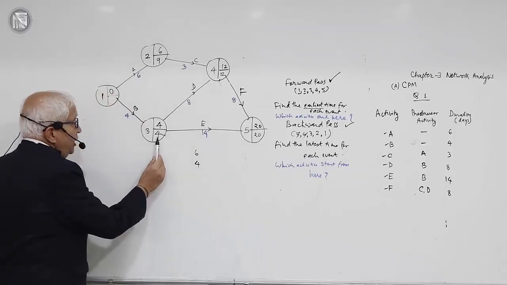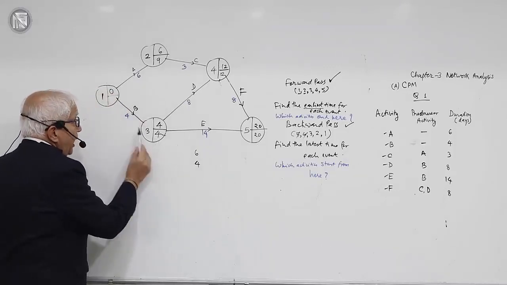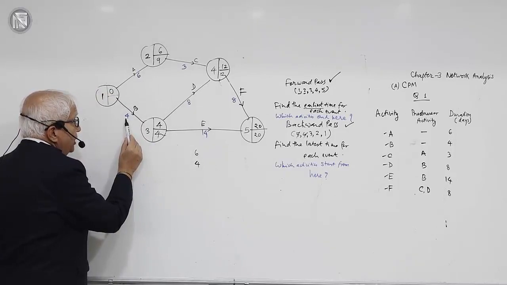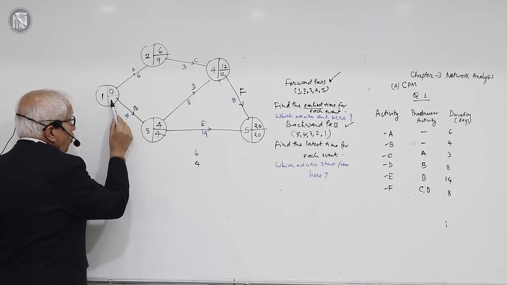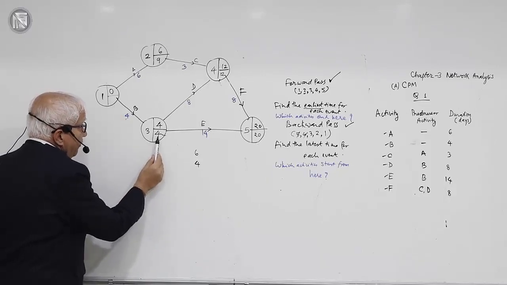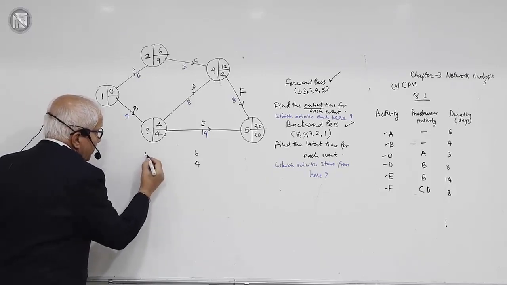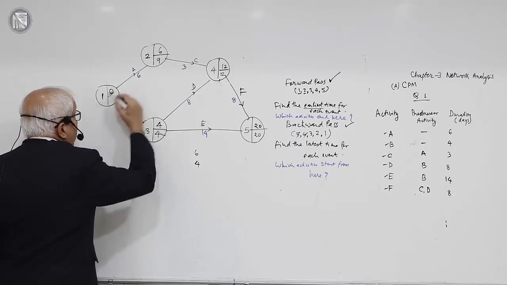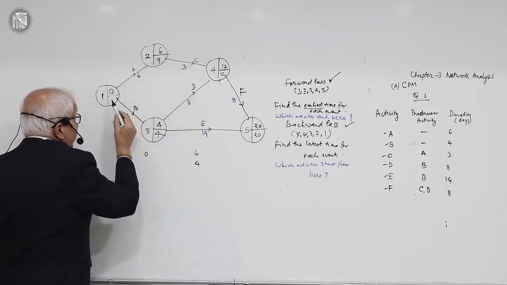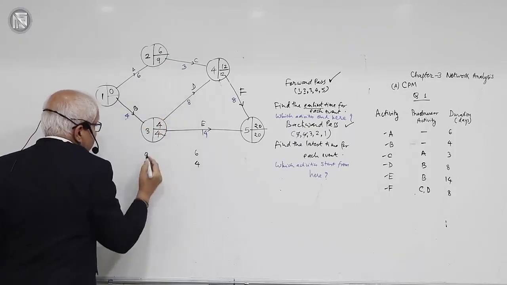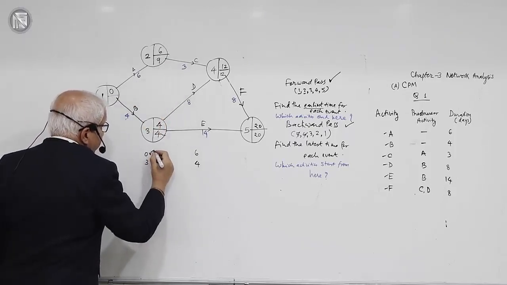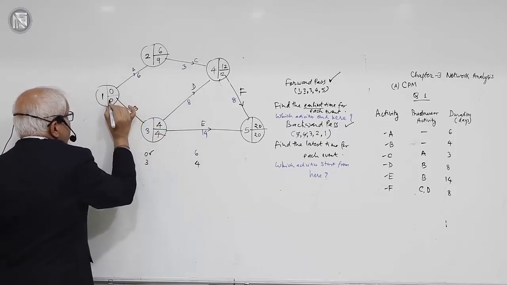Event 3 must be reached latest by time 4 and activity B takes 4 days. Therefore, according to activity B, event number 1 must happen latest by time 4 minus 4, that is 0. And according to activity A, event number 1 must happen latest by time 9 minus 6, that is 3, and therefore it has to be 0 in the backward pass.